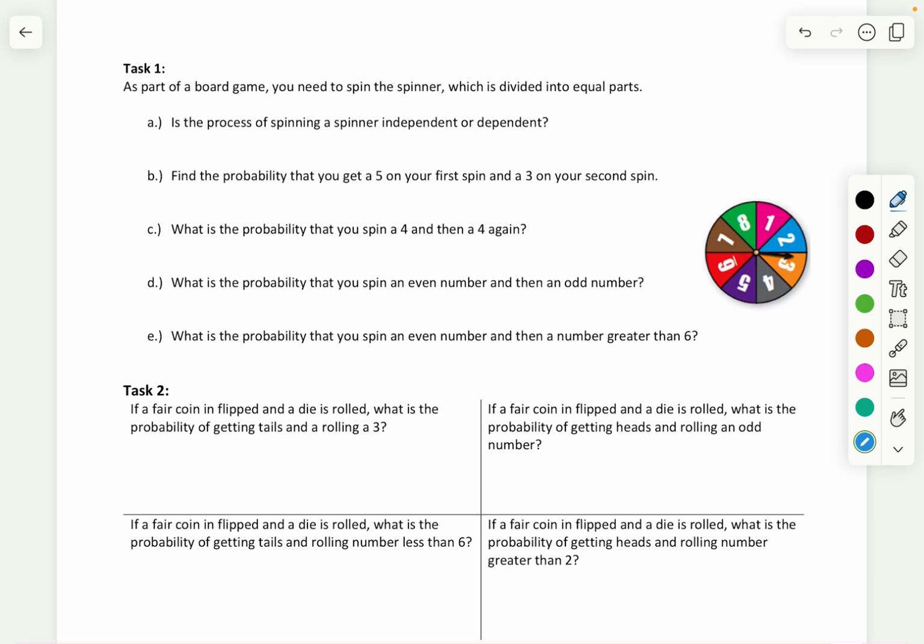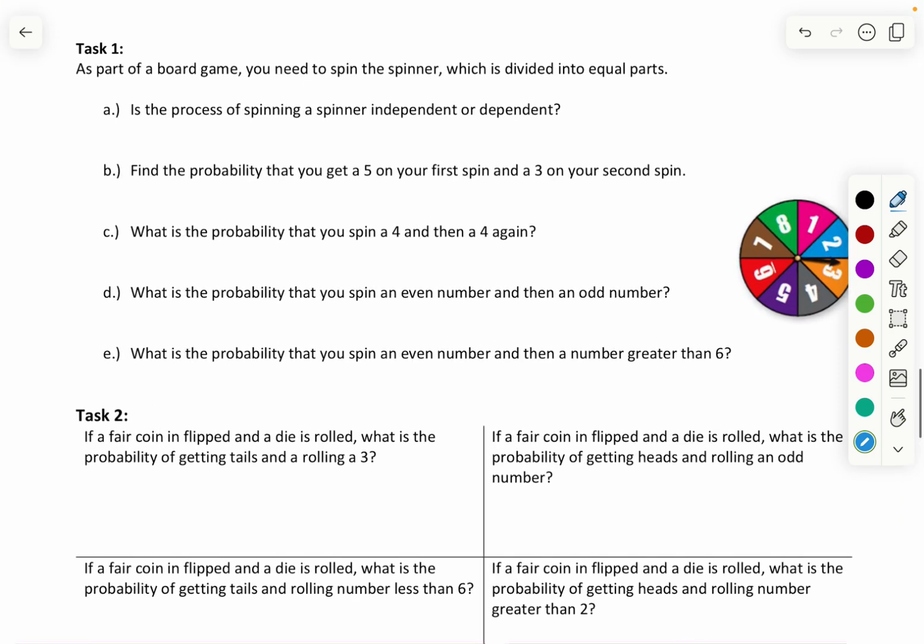As part of a board game, you need to spin the spinner, which is divided. When you spin the spinner a couple times, let's say I want to get a 1. What if I spin it again? It's still a 1 of, and how many sections are there?